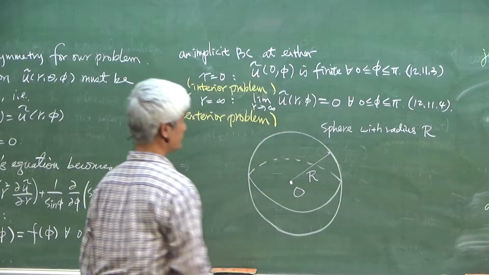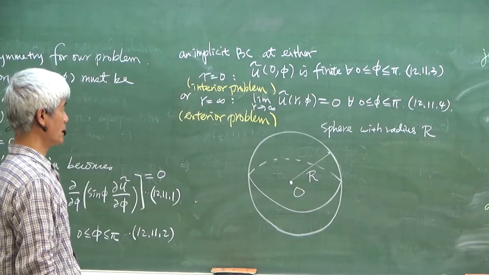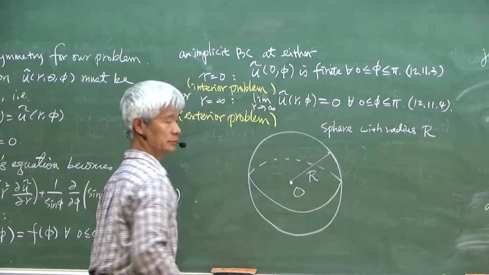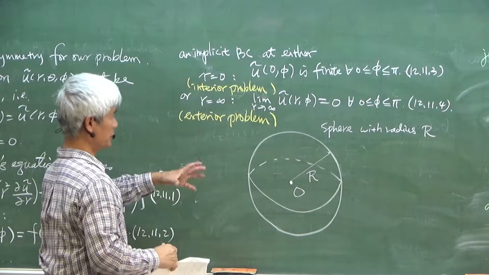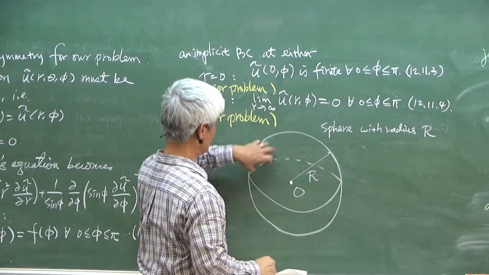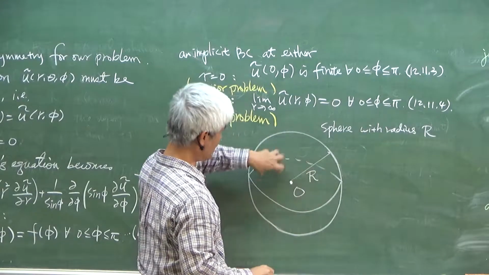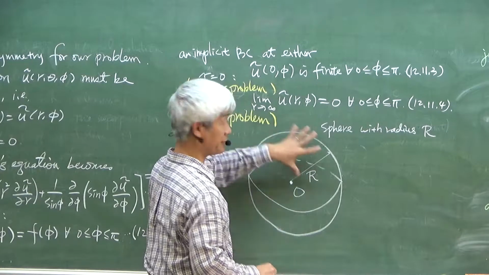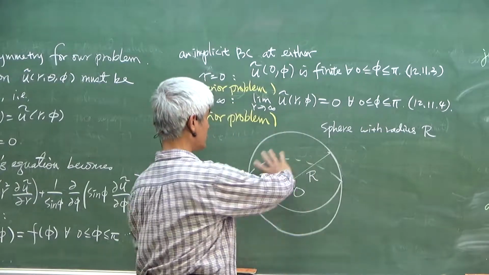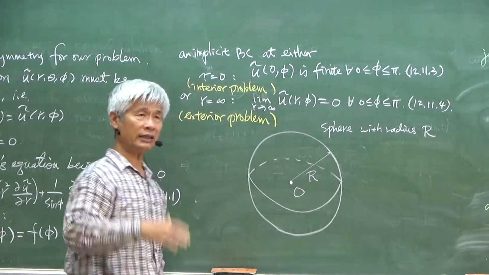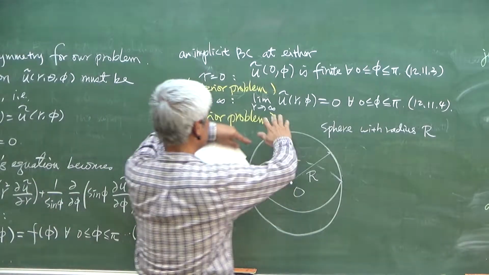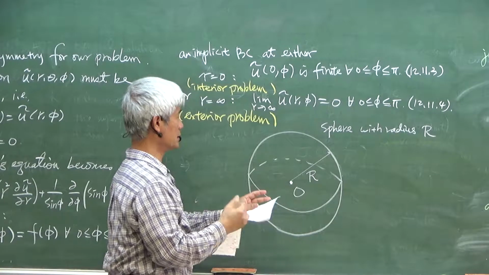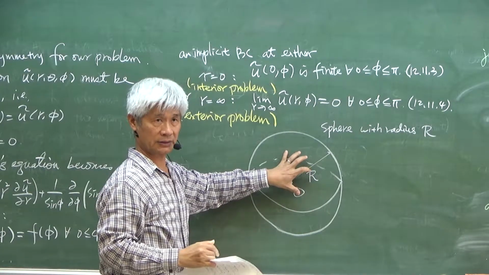If we consider the interior problem, the region we consider is the three-dimensional region bounded by the sphere, so inside the sphere. The other problem is the exterior problem, where we consider the space except inside the sphere.